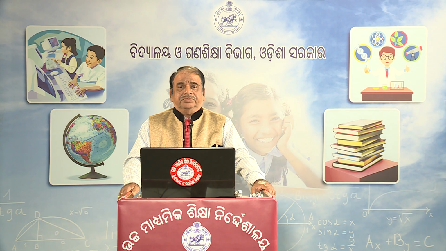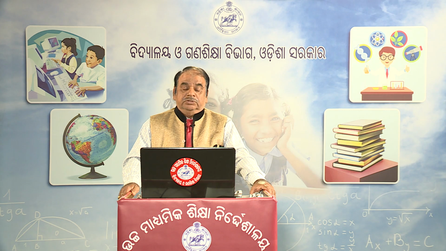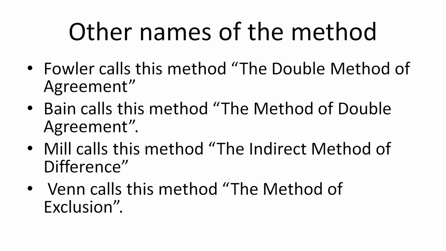Being impressed by this method, various logicians have given different names to it. So, what are the other names given to this method? Fowler, the logician, calls this method the double method of agreement. Bain calls this method the method of double agreement. Mill, the founder of this method, calls it the indirect method of difference.